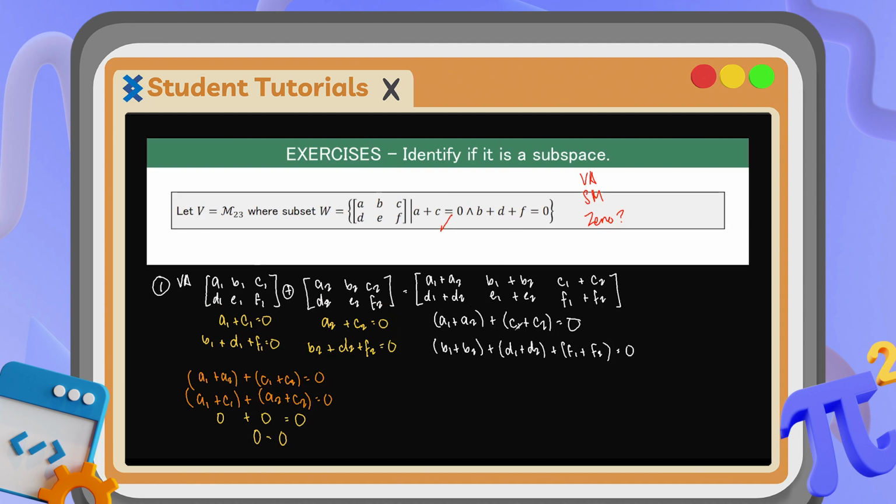Similarly, when we group the elements accordingly for the second equation, that gives us b sub 1, d sub 1, and f sub 1 together, and then b sub 2, d sub 2, and f sub 2 together. And again, following the equations over here and over here, that gives us 0 plus 0 also, which is also 0. And therefore, we have satisfied both properties of the subset. Therefore, it satisfies vector addition.